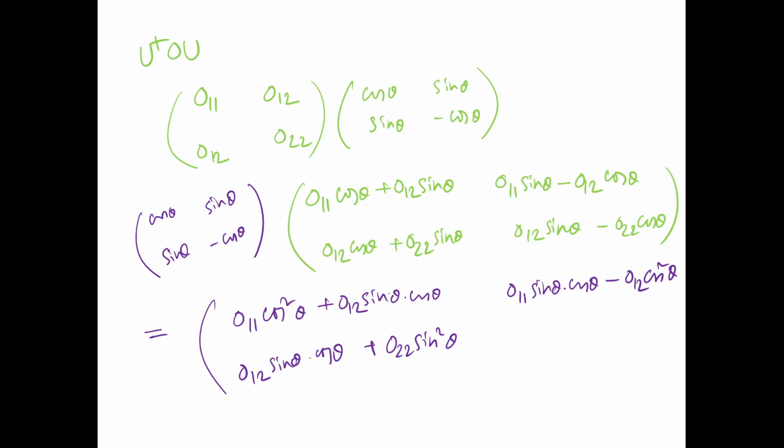Oh, the row matrix multiplication. Sorry for this. This will be cos square theta, O12 sin theta. Then again there will be other terms that I missed.